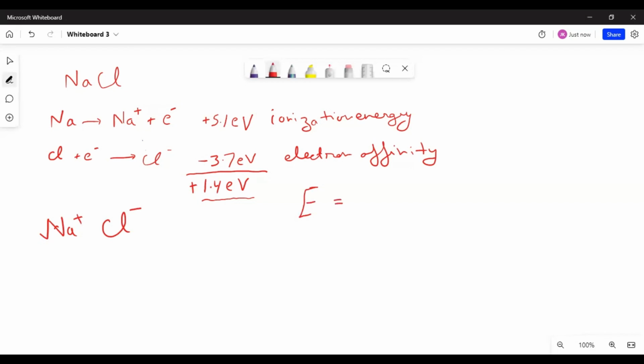We call it E, and this will be 1 upon 4 pi epsilon, e square by R, as we know, and this will be negative, since one is positively charged and the other negatively charged. So overall it will be negative. We call it equation 1, right?